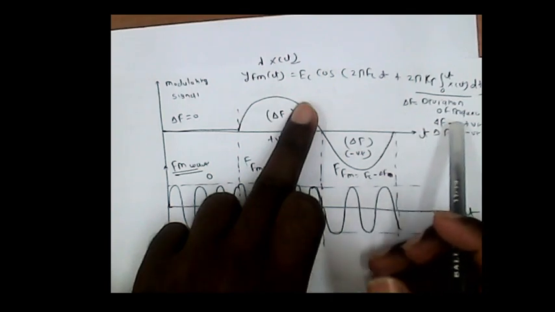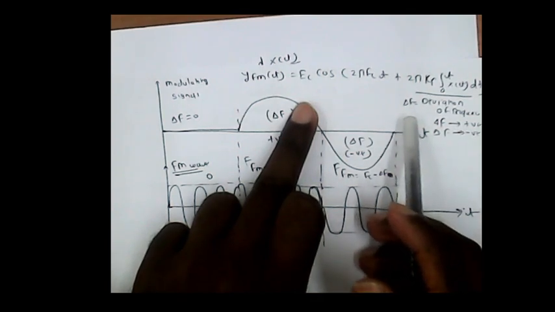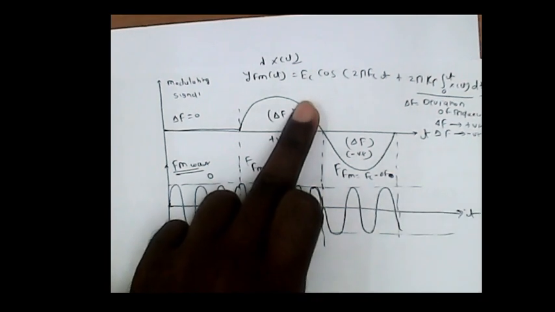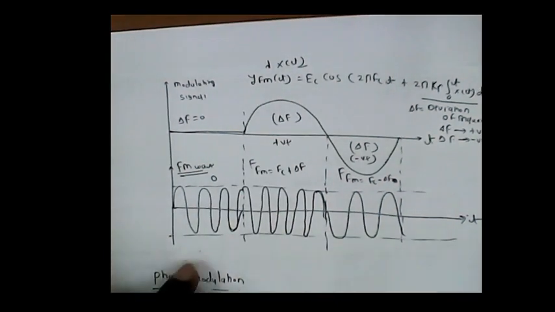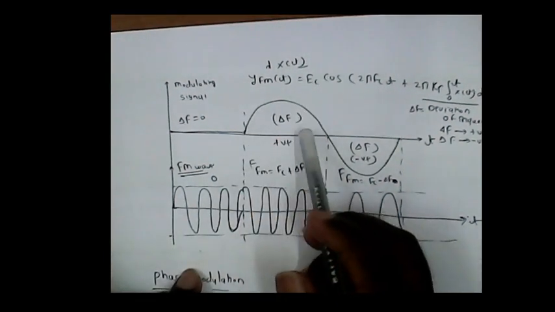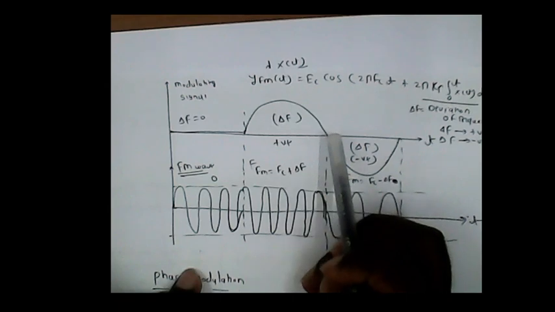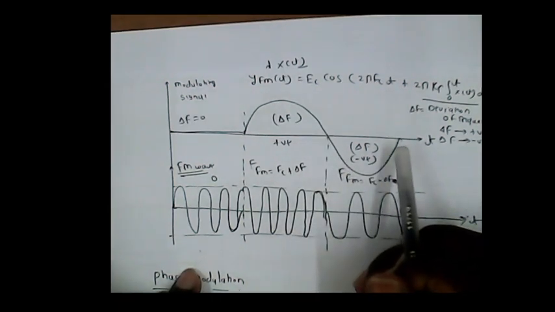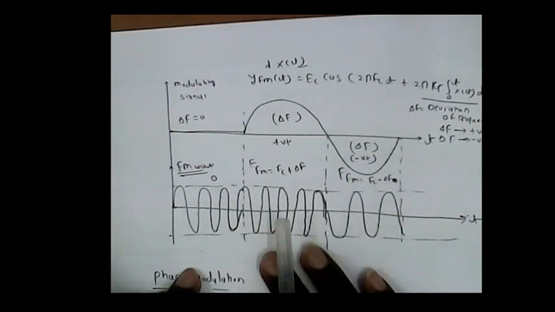This whole term is called the deviation of frequency, denoted by delta f. So delta f may be positive or negative, depending upon the amplitude of the modulating signal. If the amplitude is positive, delta f is positive; delta f is negative if the amplitude of the modulating signal is negative.